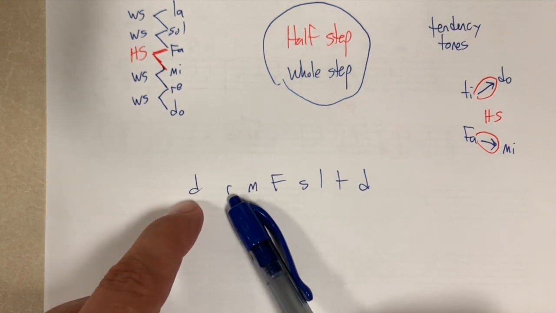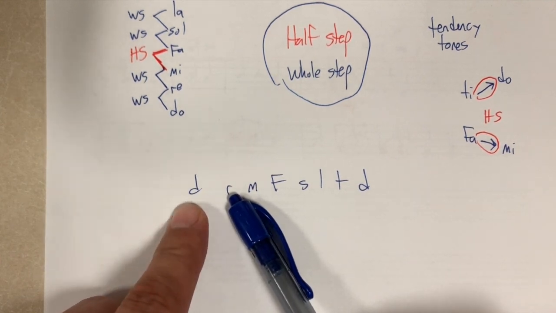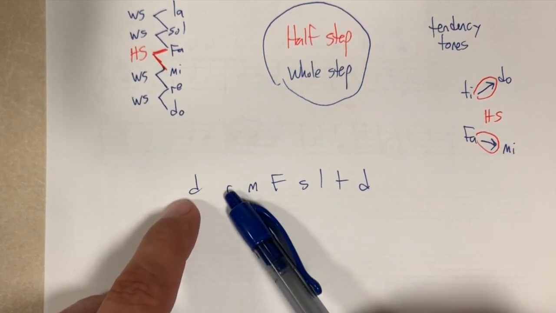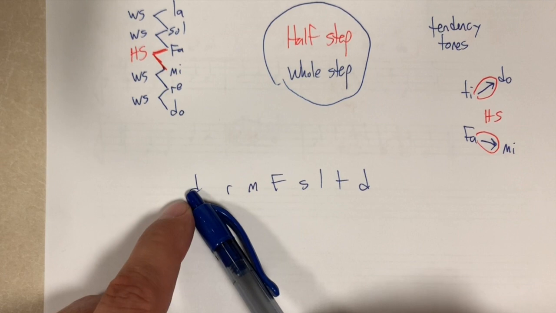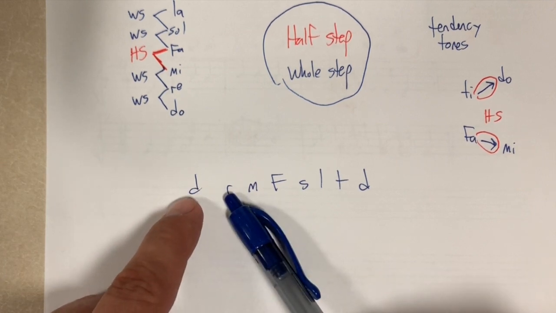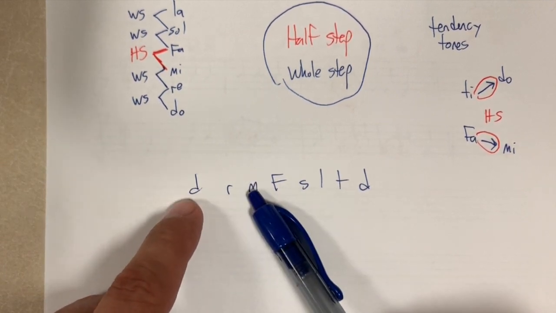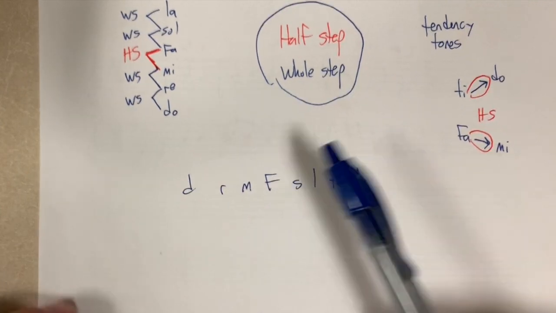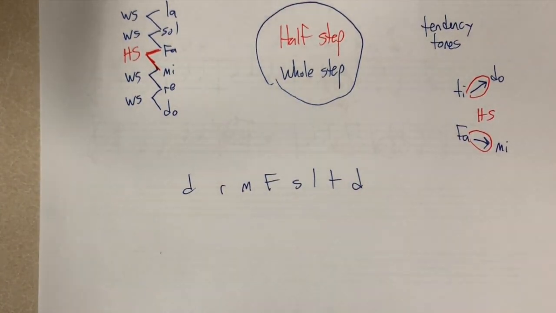Because remember the thing I was talking about, they didn't have 0 when they made up these words. We would think that was an interval of 1, but they called it an interval of 2 because they called do 1 already. So 1, 2, that's a second. 1, 2, 3, that's a third. 1, 2, 3, 4, that interval is a fourth. And so on, regardless of whether they're whole or half steps.